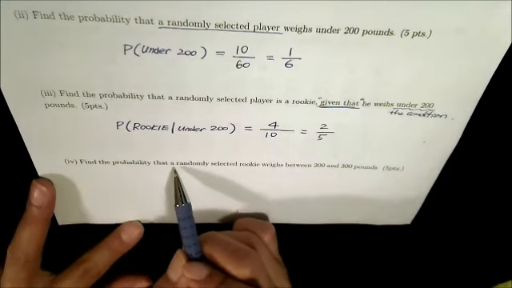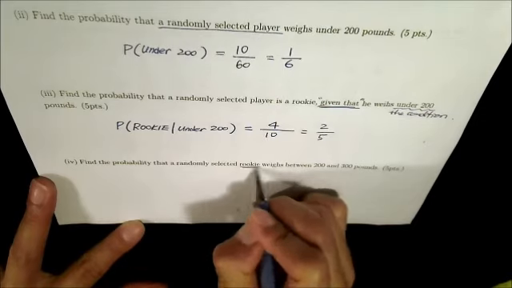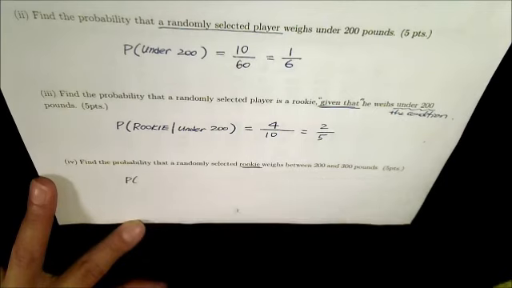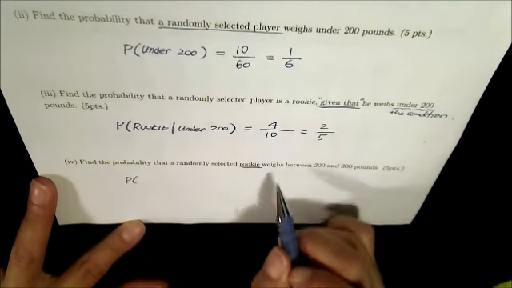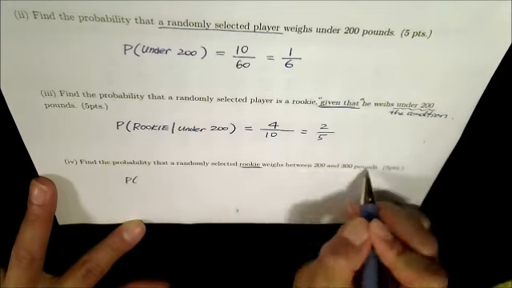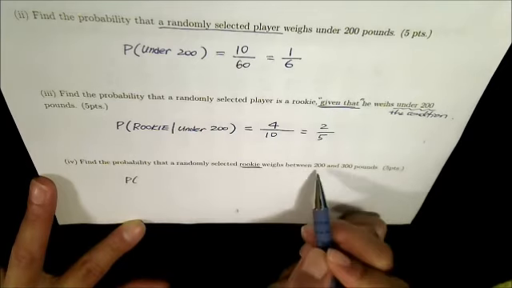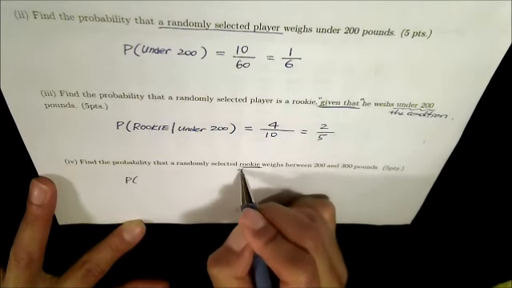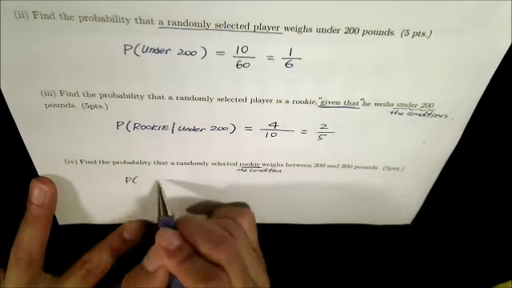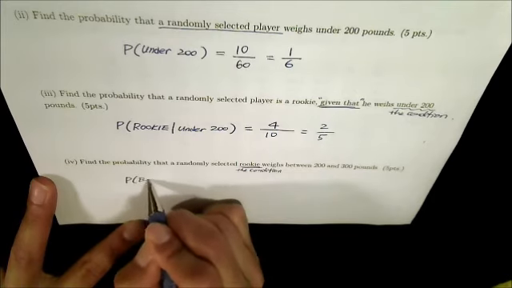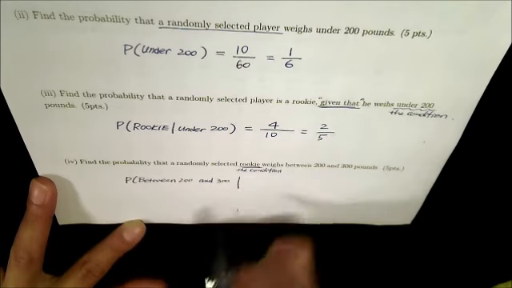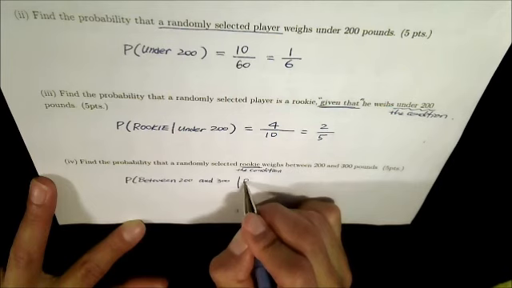Find the probability that a randomly selected rookie weighs between 200 and 300 pounds. So here, what is my interest? My interest is how many people weigh between 200 and 300. And where is my condition? This is my condition. So between 200 and 300 out of rookies.